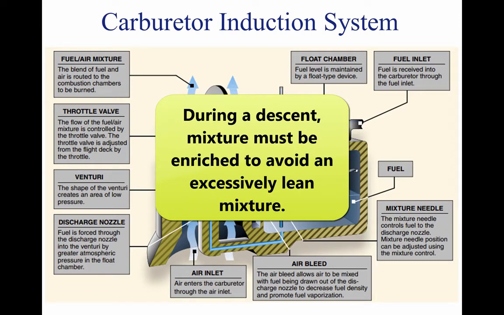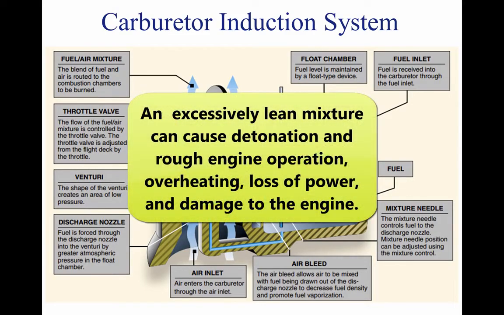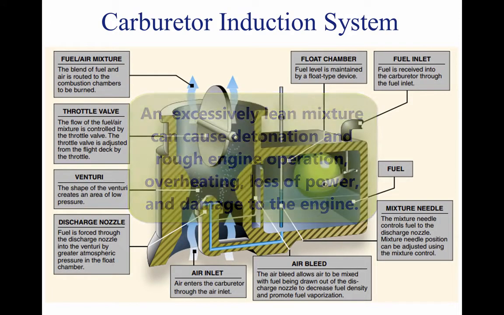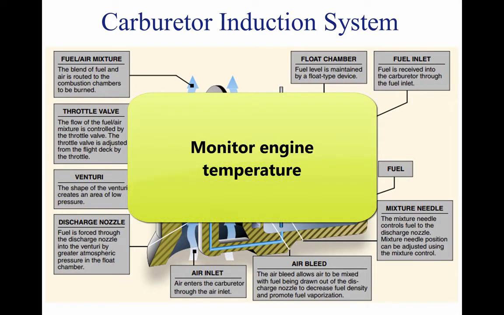During a descent from high altitude, the mixture must be enriched, or it may become too lean. An overly lean mixture causes detonation, which may result in rough engine operation, overheating, and a loss of power. The best way to maintain the proper mixture is to monitor the engine temperature and enrich the mixture as needed.